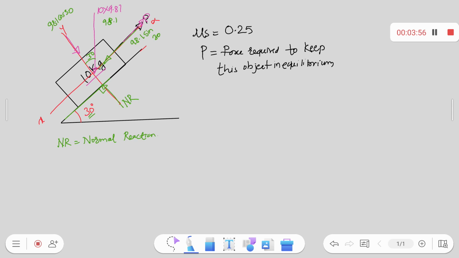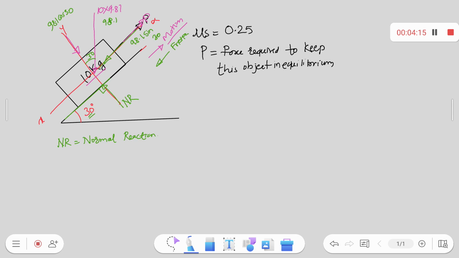Is any more force remaining to show in the FBD? Yes, the friction force, as we are studying friction. The motion of the block is upward, and friction is always in the opposite direction, so friction acts downward.